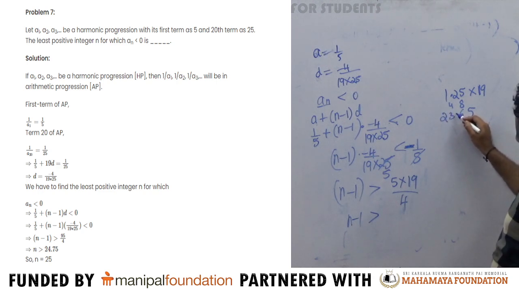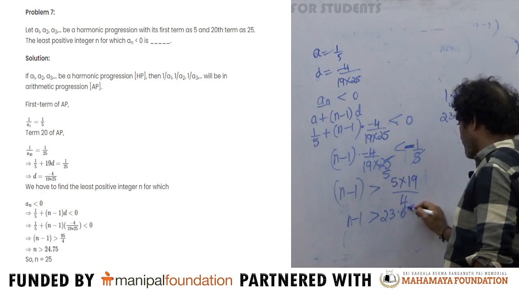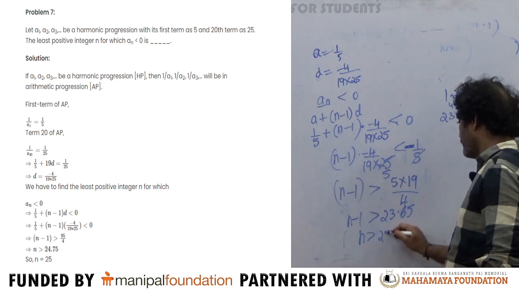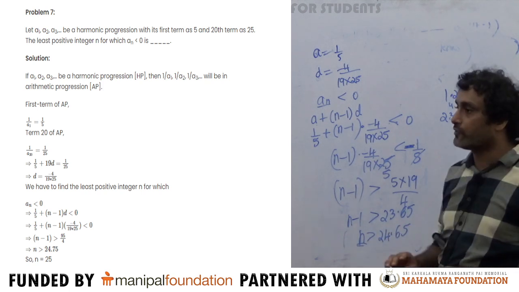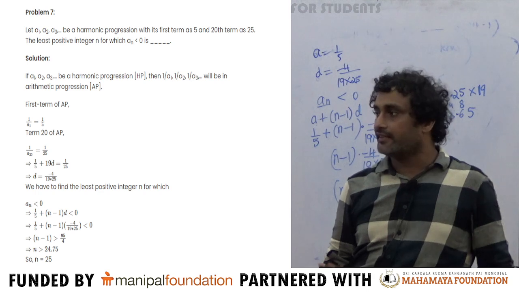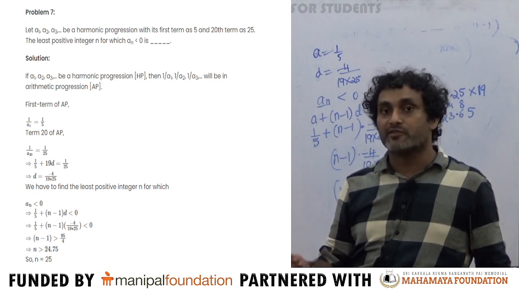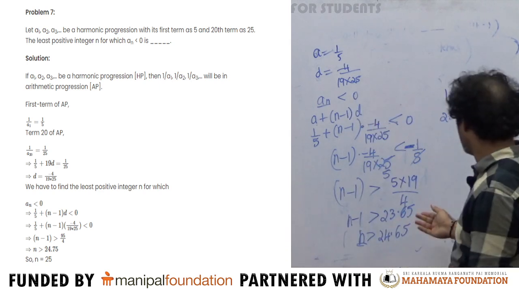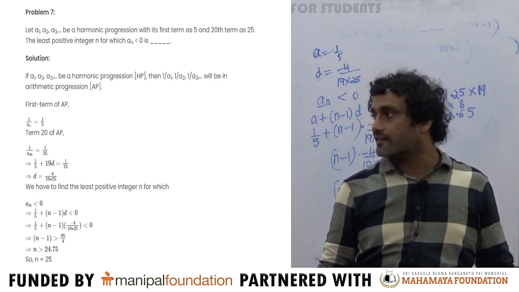I think we get 23.75. So n is greater than 24.75. The first integer greater than that is 25. So which is the first positive integer, the smallest positive integer just greater than that? Isn't it 25? So that's the answer, okay?